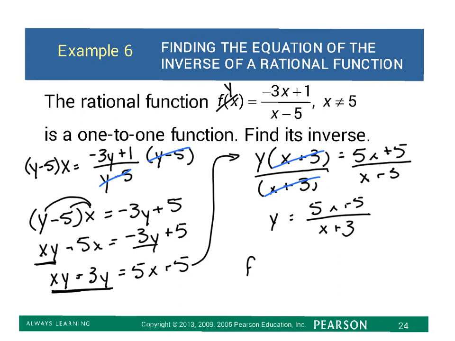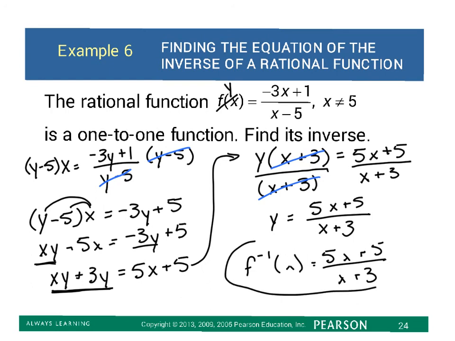And that there is our inverse of f. Goodness, my pen won't write. Inverse of f of x is equal to 5x plus 5 all over x plus 3. And now we're done.